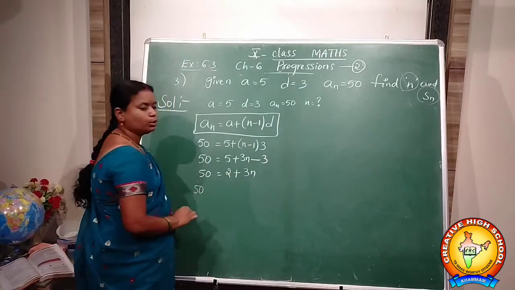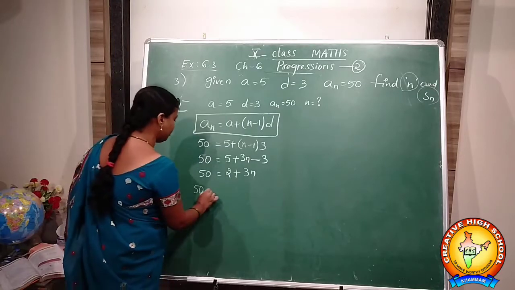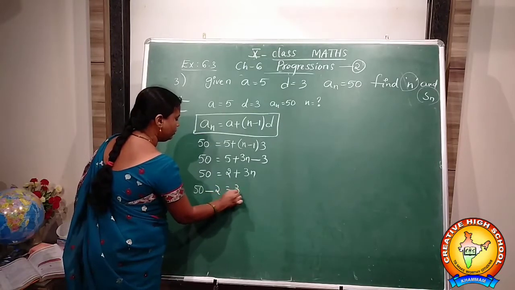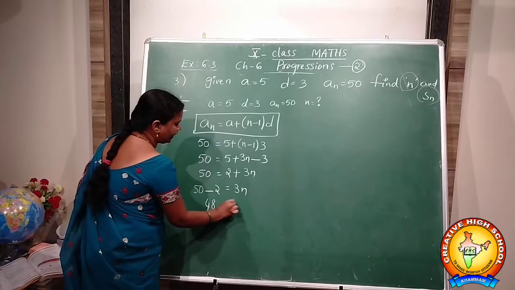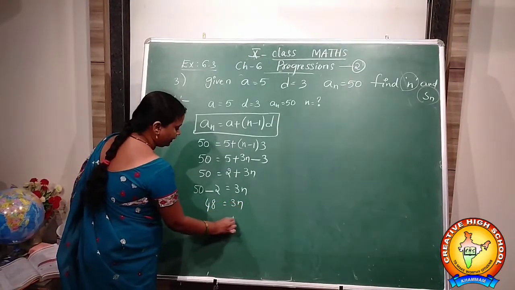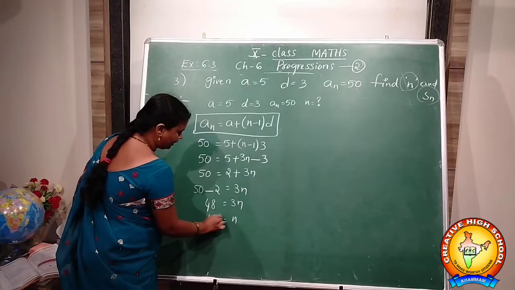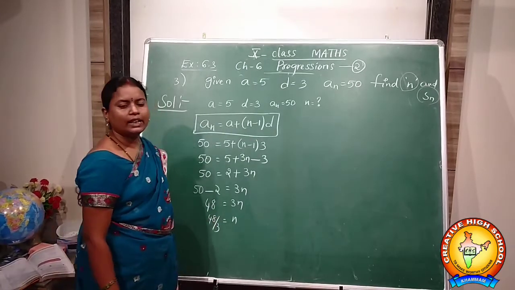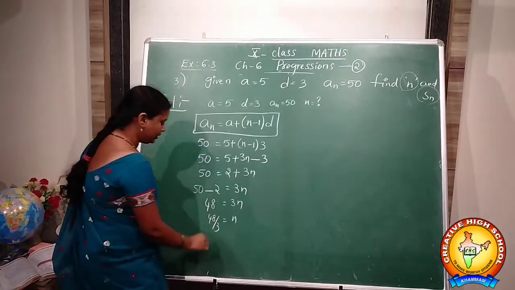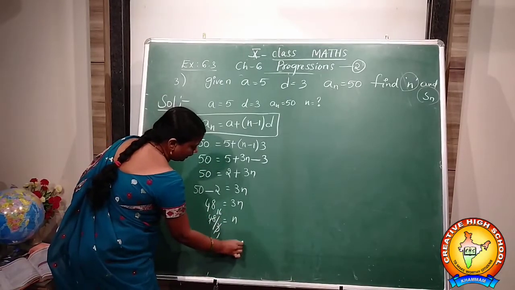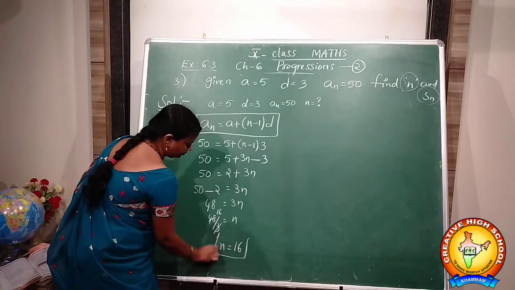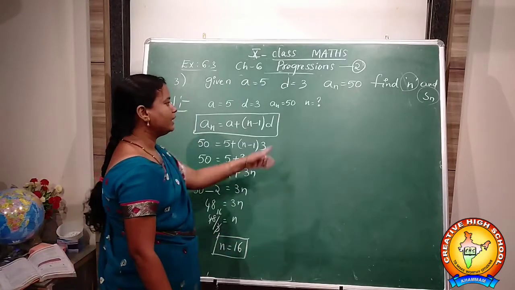Moving 2 to the left side, 50 minus 2 is equal to 3n. 50 minus 2, that is 48, is equal to 3n. n is equal to 48 by 3. If we cancel 48 with 3, it will become 16. So here the n value is 16. Yes, we found the n value.